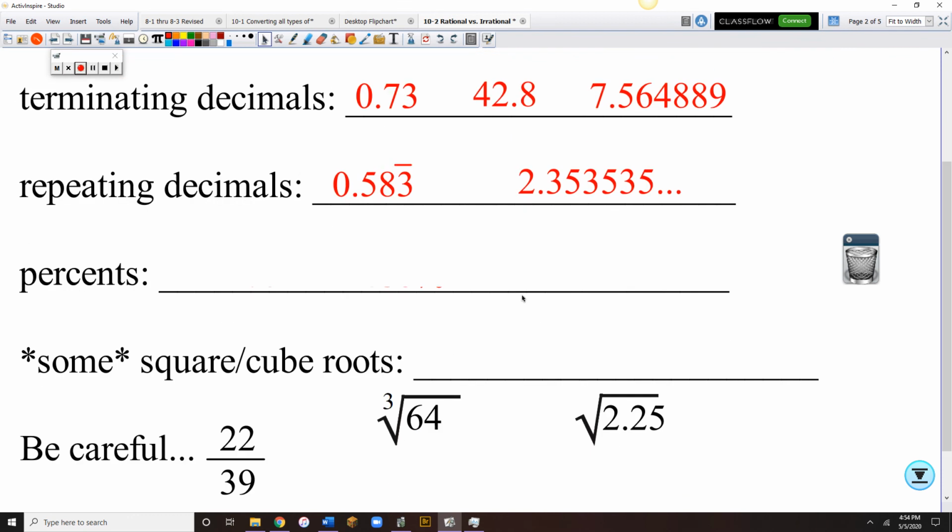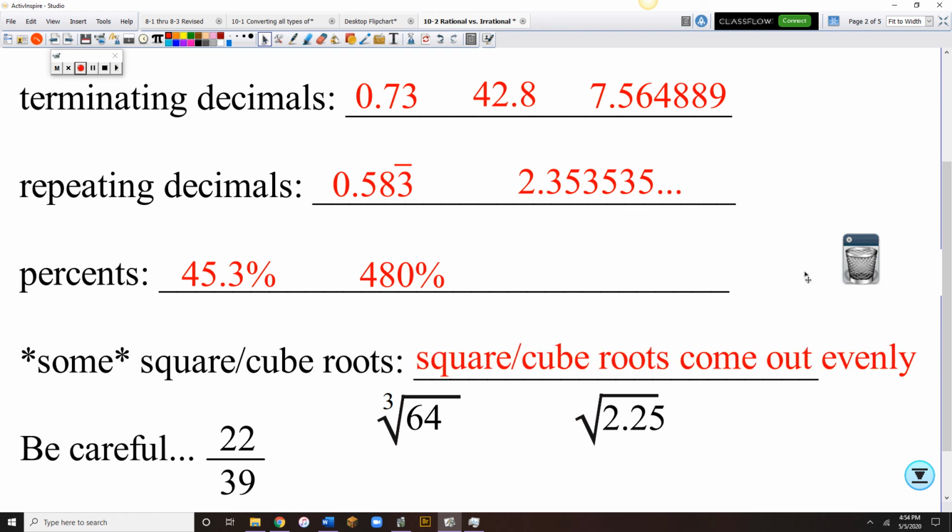Percents. All percents are rational. Now, when we get into square and cube roots, it depends. You're not going to look at a square root or a cube root and automatically know whether it's rational or irrational. What makes a root rational is how the answer comes out when you type it into the calculator.